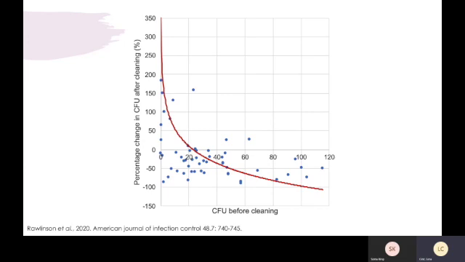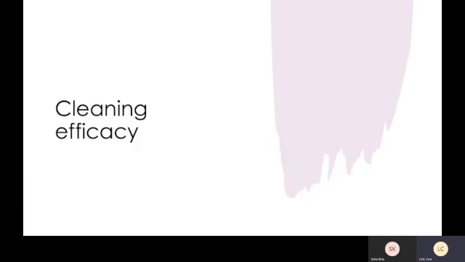We also carried out some work to look at how well the cleaning is performed. This was done in a different ward, a high dependency ward, so the context is different. However, the theory is pretty much the same.